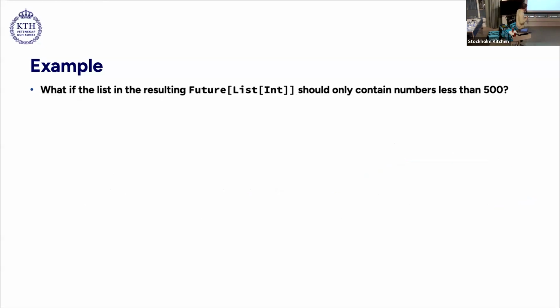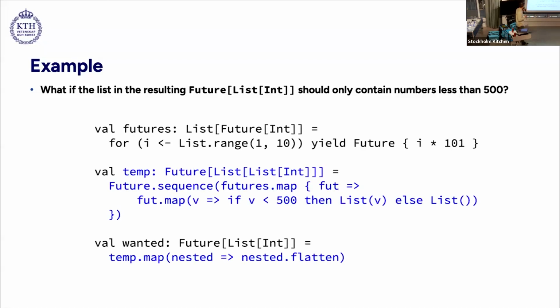Now let's make the example slightly more complicated. Let's say we want to filter the elements as well. So the resulting collection should only have integers less than 500. It's just a filter. So how could we try to do that? Well, we could simply use our sequence method again.